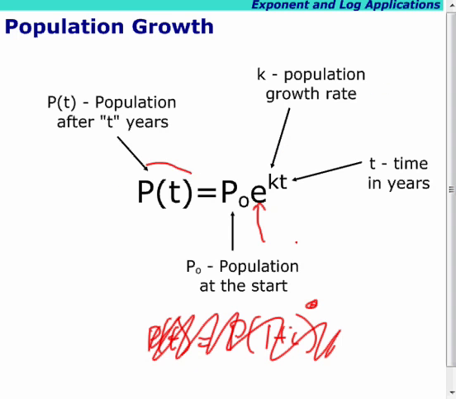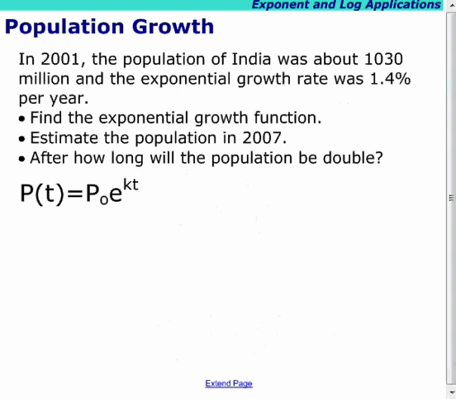So in looking at the formula, this is the population, or the amount after a certain length of time. This is the amount that you start with, so the P0. e is our base, that's the number e. k would be our population or interest or whatever the rate is. And finally, t is time in years. And we'll use this formula in looking at those three different examples.